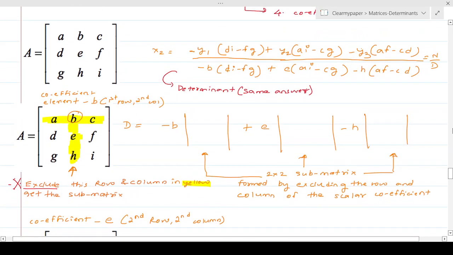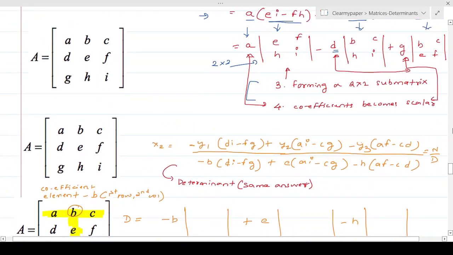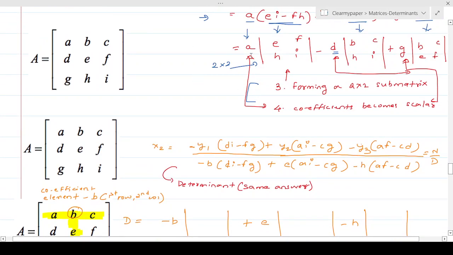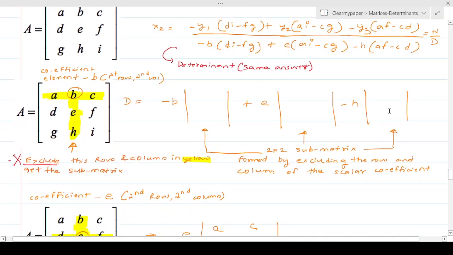Nevertheless, moving on. So another way of looking at the same thing of the scalar and submatrix, let's just focus on the denominator here, which is the determinant, which is minus b. Again, if you see here, the signs are alternating. It starts with negative and then positive and then again negative.